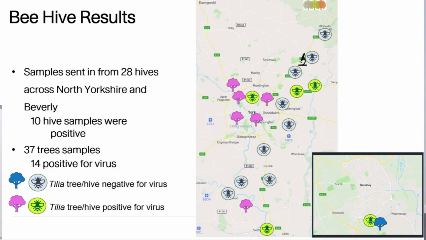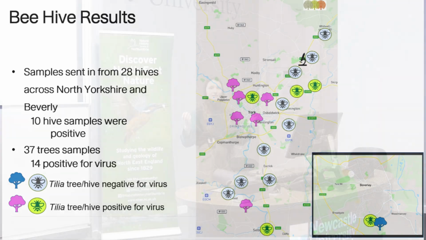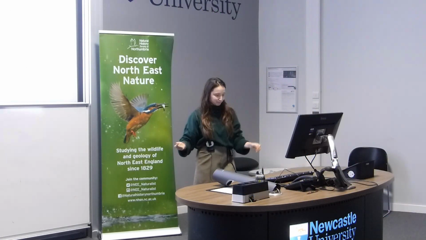As well as testing the hive, again, we can't replace leaf material testing entirely, so we also tested some trees around sites of the hives or positive hives. Again, blue is negative and pink is positive. And we can see that where we're finding these positive hives, we have been finding these positive trees in the same area. Again, back to this idea that we could use these to focus our surveillance efforts.